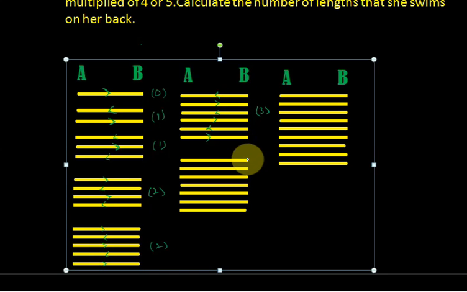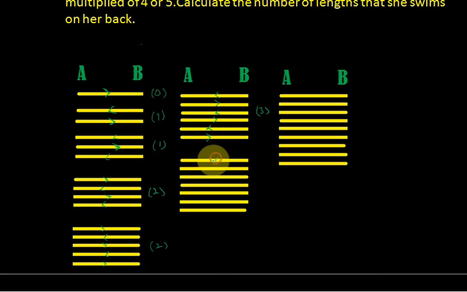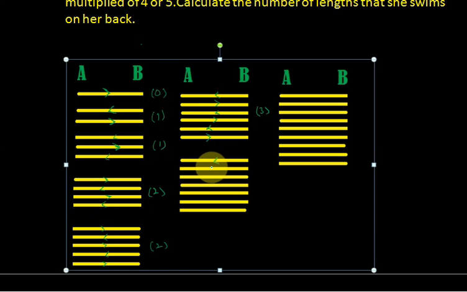And the 7th, now she stops at B, so she starts from B, so there is forward, back, forward, back, forward, back, forward, back. So there is 1 back, 2 back, 3 back, so 3 back here as well in length 7.